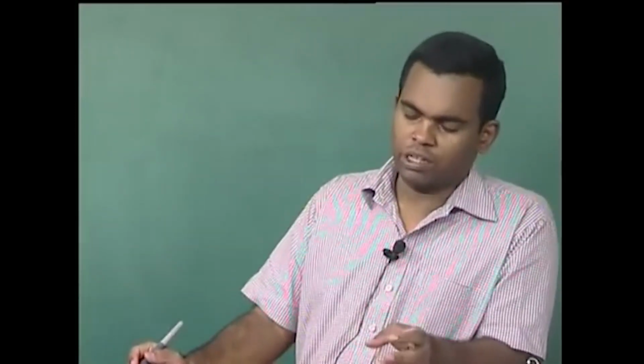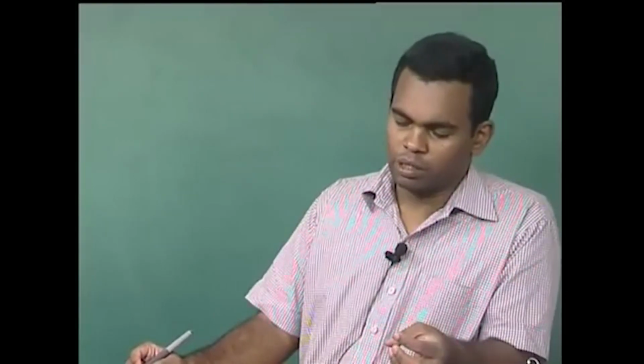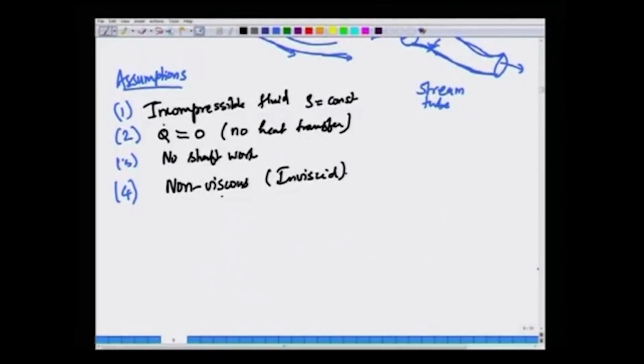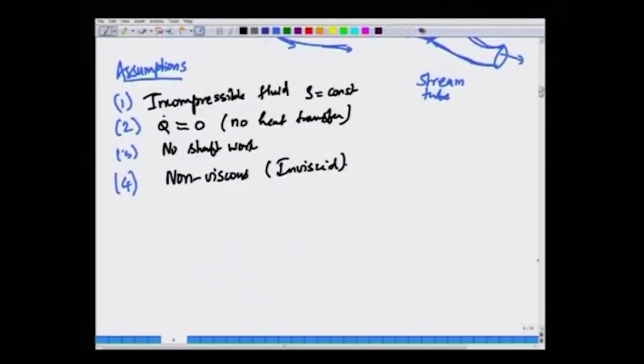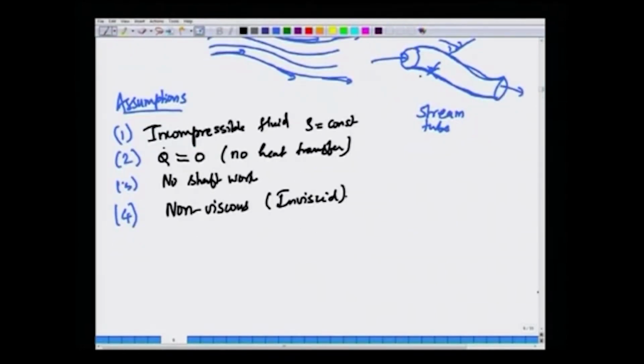So, by making these specific assumptions that flow is incompressible, there is no heat transfer, there is no shaft work, and most importantly that the fluid is non-viscous, inviscid, there is no viscosity, and we apply the energy equation to this specific control volume called a stream tube.